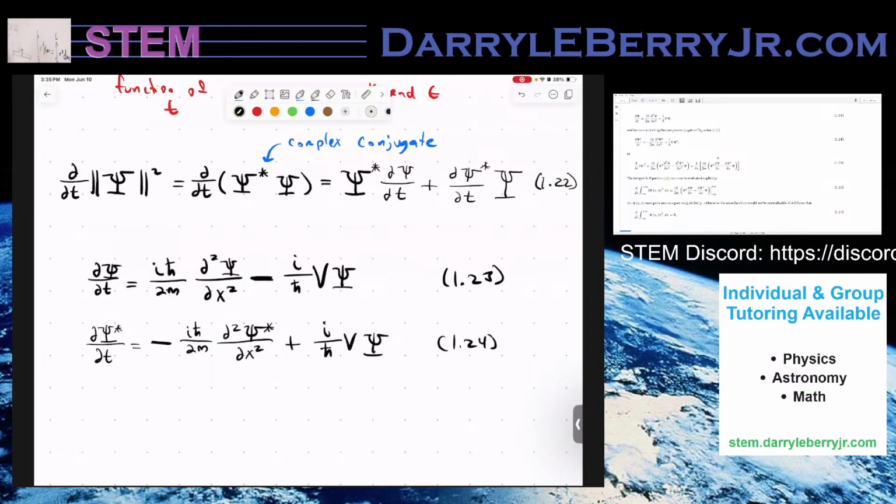So if you notice, for the complex conjugate it's the same exact equation, except there's a complex number here that became negative, and there's a complex number here with a negative on it, so that one became positive. The complex conjugate of the term is simply swapping the signs: swap plus and minus for the imaginary number. Right. So that's 1.24.